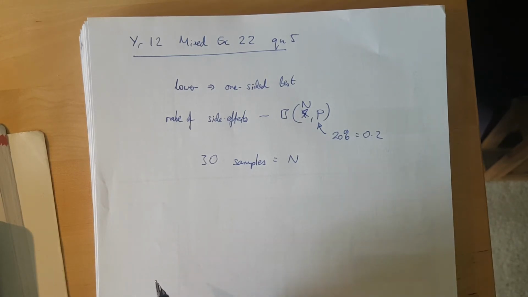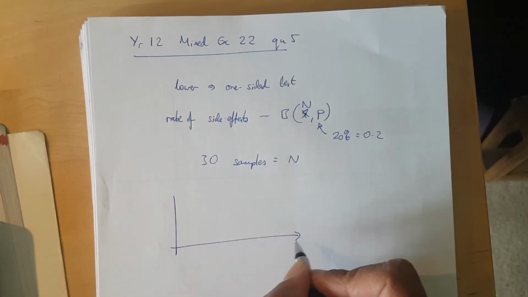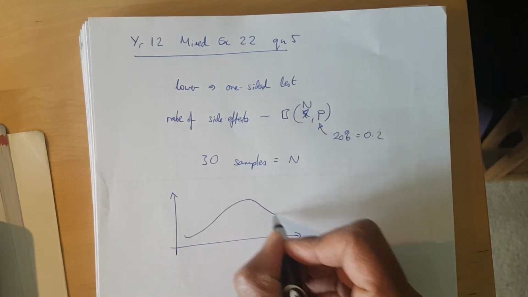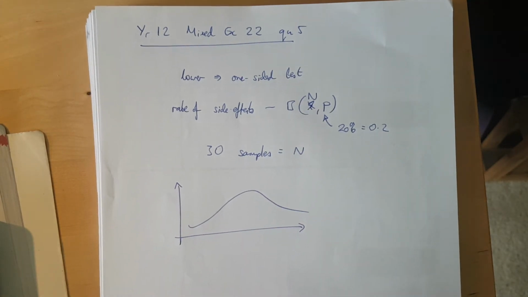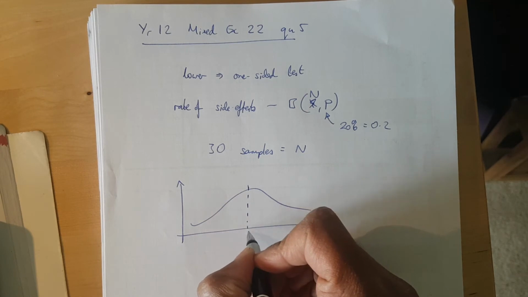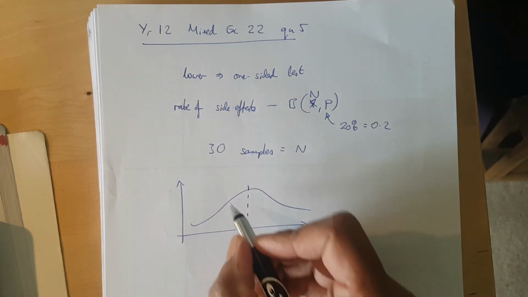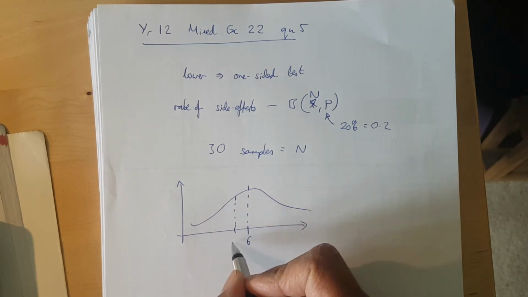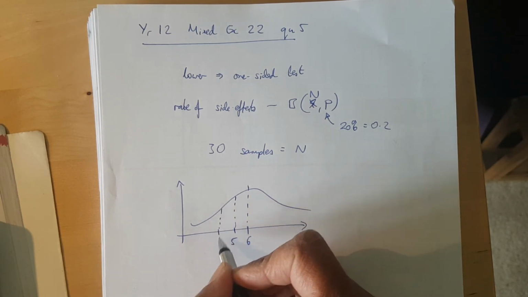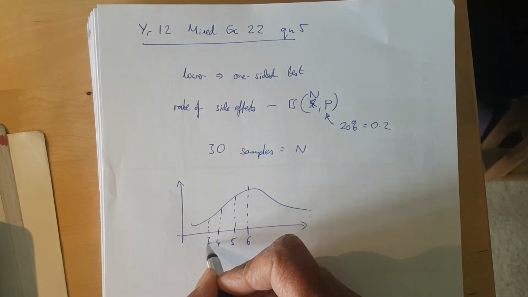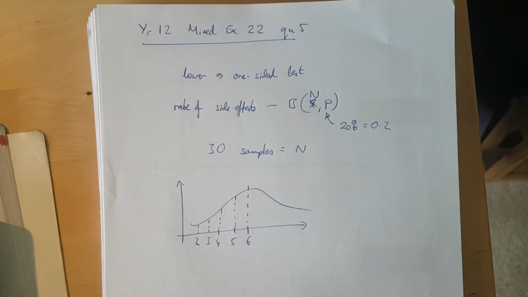Now let's see what happens. When I have my graph, it'll look something like that, the frequency of each value, and I'd expect that point there to be at 6, because 30 times 0.2 is 6. And there's some lower chance of getting 5, some lower chance of getting 4, some lower chance of getting 3, and down to 2.